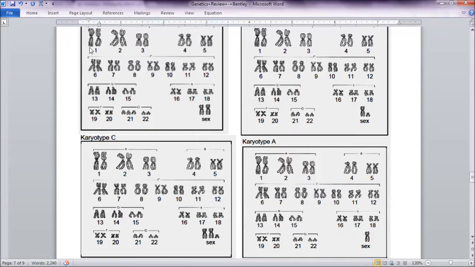So that would be a total of 1, 2, 3, 4, 5, 6, and so on. You'd be getting to 44 here because every time there was 2. So 44, 45, 46. Notice these last 2 are off to the side. I'll get to them. Those first 44 chromosomes are called our autosomes.